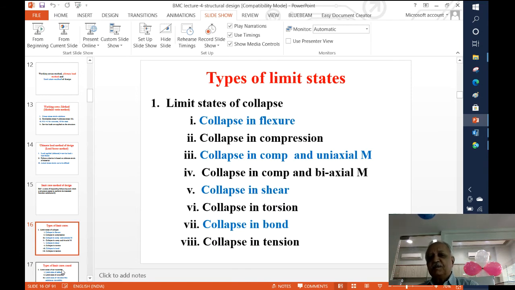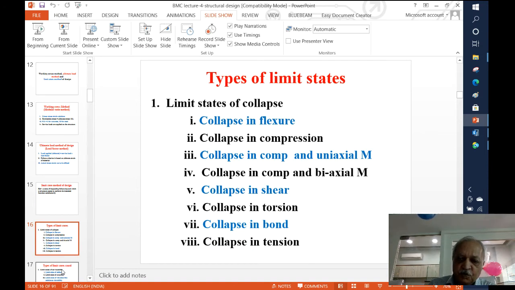One is your limit state of collapse. So our limit state of collapse, that is the structure will collapse, either due to flexure or due to compression, excessive compression, or failure due to combined action, compression and uniaxial moment, and so on and so forth. So various types of failures can occur.